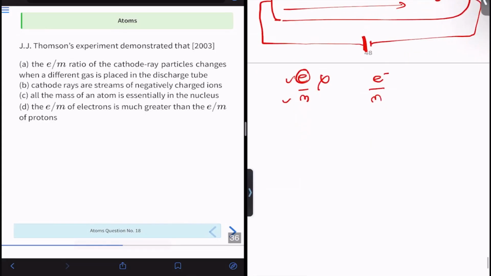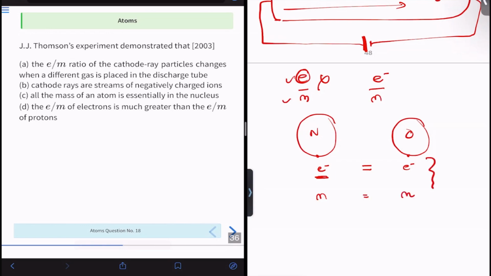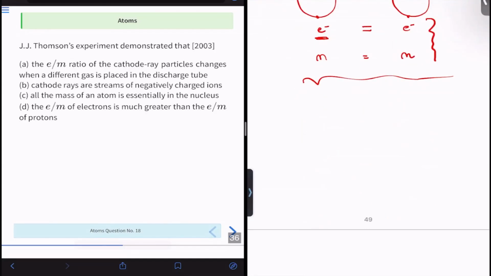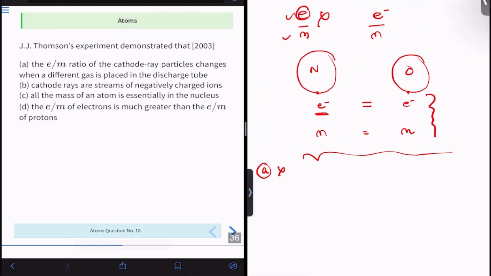For example, if you take an electron from a nitrogen atom and another electron from an oxygen atom, the charge of both electrons will be the same, and the mass will also be the same. So the e/m ratio will be the same in all atoms. You have to make this clear in your mind. So option A is wrong. He did not demonstrate this.